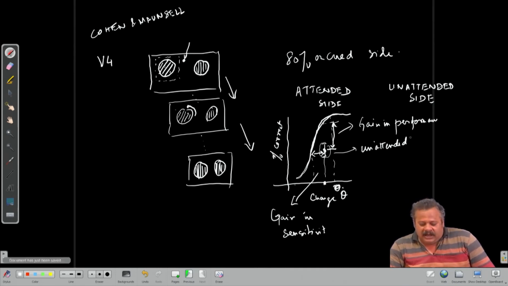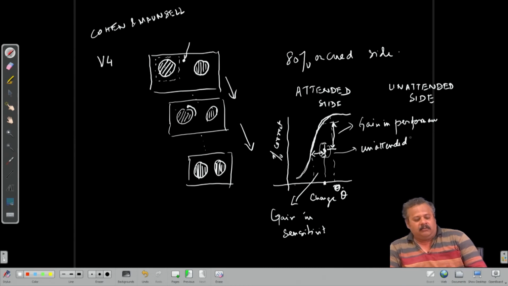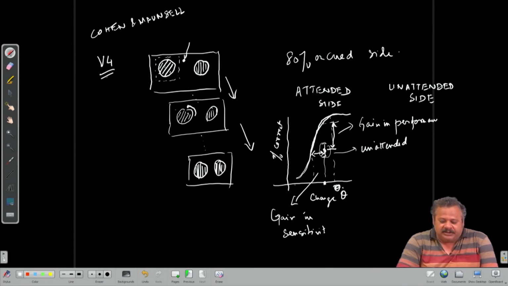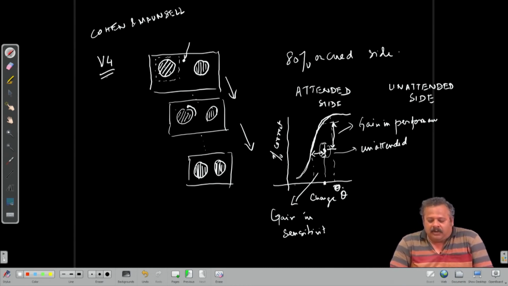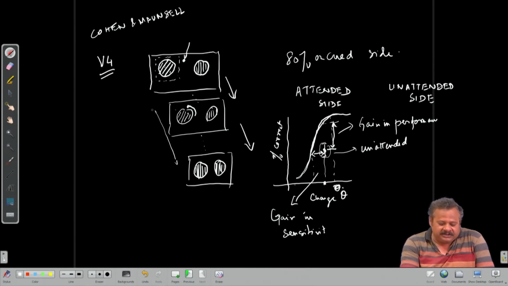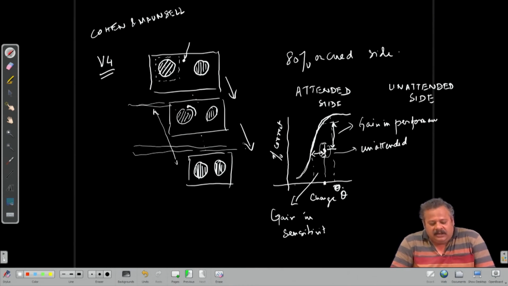Along with this, they were recording from V4 as mentioned, from multiple neurons simultaneously while the monkey was performing this task, and they were being shown these images. So, this particular period just before the change detection, they were looking at the firing rates of multiple neurons from V4 simultaneously.